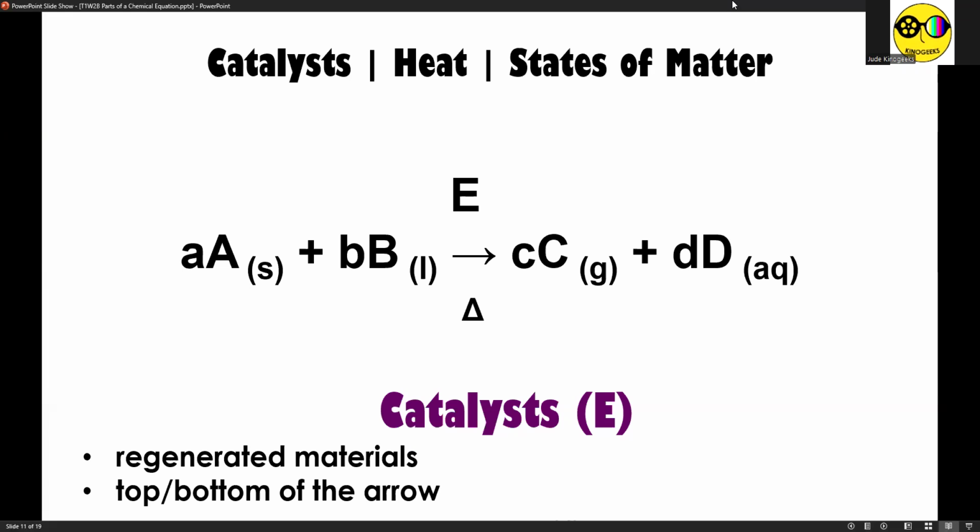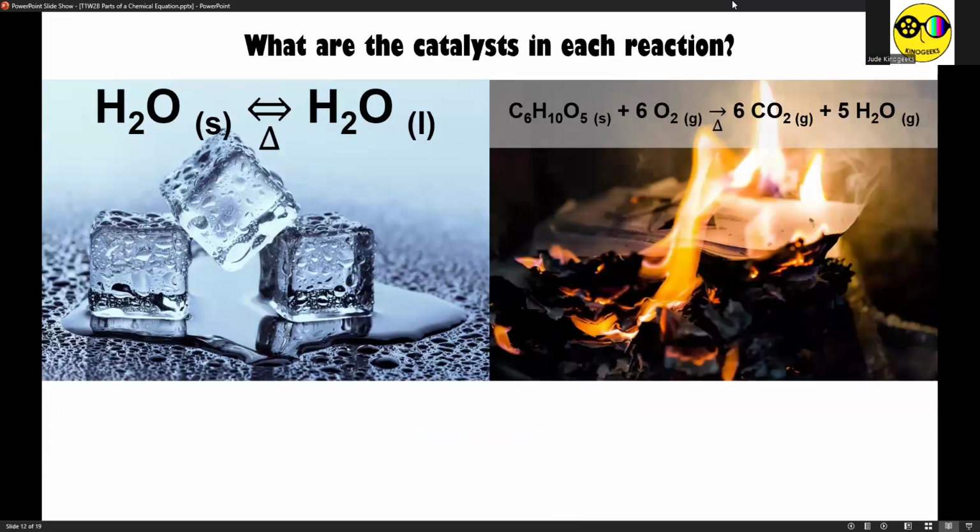I'm not referring to the triangle symbol here. That's a different scenario. So focus only on reagents that are found at the top or bottom of the arrow. Going back to our two sample equations, both of them have no catalyst because we don't have any reagents found at the top or bottom of their respective arrows. If you look at it realistically, when you melt ice, it just happens on its own.